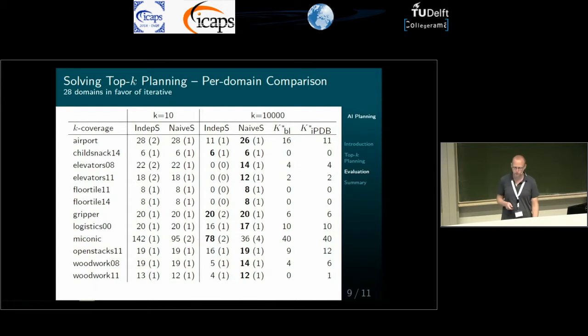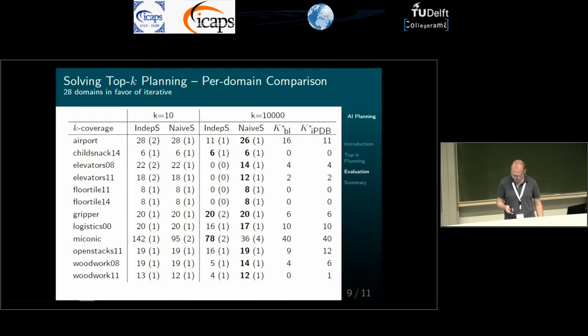Focusing mostly on the large k values, there is almost even partitioning of domains into those on which the iterative approach excels and those on which the K-star approach does. I show here only the domains for which the difference in coverage is larger than 5 for k equals 10,000.